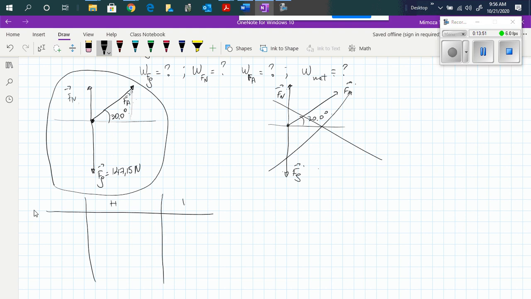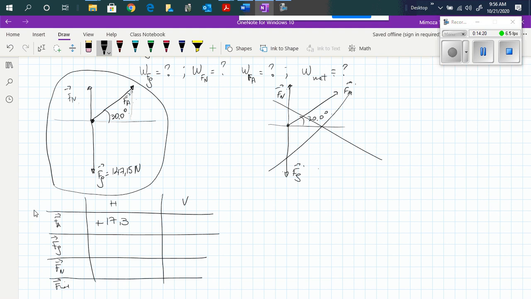Okay, let's draw the table of components. So this is horizontal, vertical. We start with force applied, and then force of gravity, force normal, and we end up with force net. So for the force applied, the horizontal component will be 20 times cosine 30, which is positive 17.3, and the vertical component is 20 times sine 30, which is positive 10.